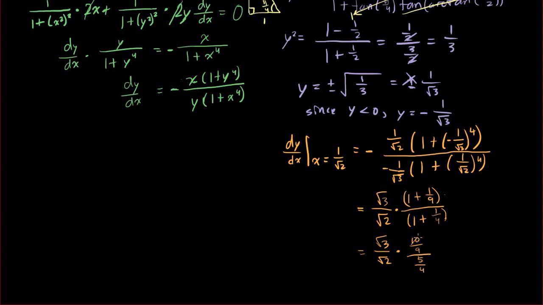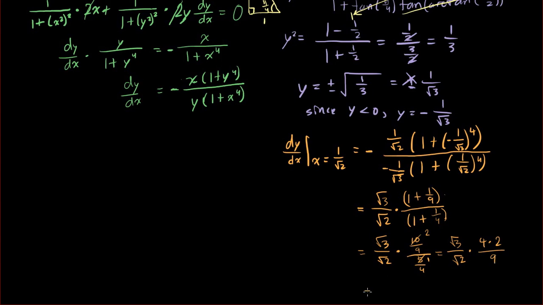And so we can divide everything by a 5. That'll become a 2, that'll become a 1. And so it's 2 over 9 multiplied by 4. Okay, so you have a root 3 over root 2 times 4 times 2 over 9.